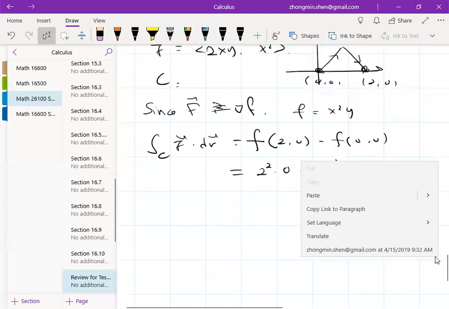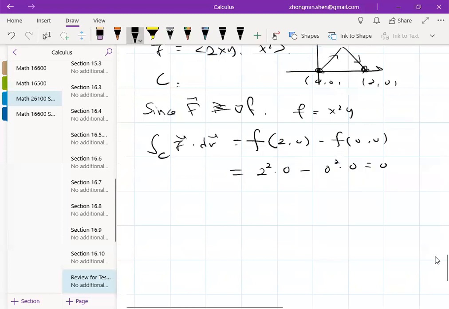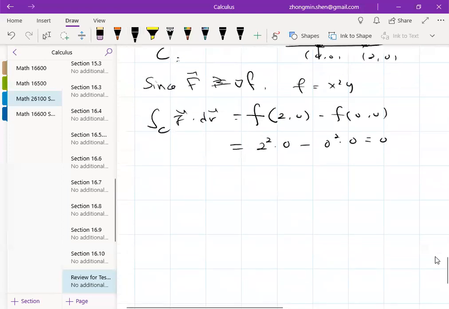So some students ask me what is the meaning of this line integral, the physical meaning of this line integral. Suppose you have a curve in the space. It's not necessarily in R2 or R3, it can be any dimension, or it's hard to imagine.